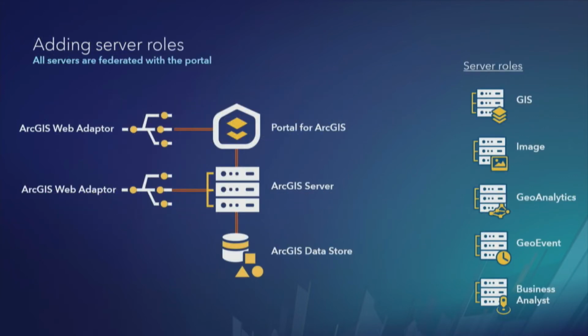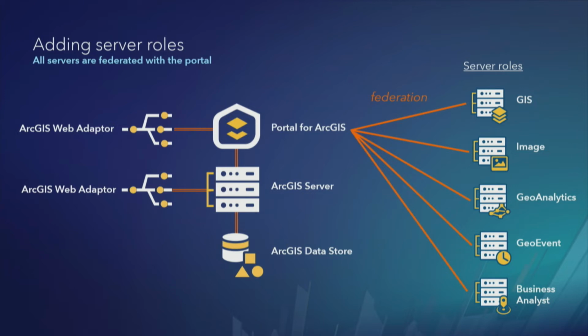Okay, so we talked about the 5 server roles and we talked about the base deployment. But how do you connect all this together? How do you get these things to work together? This is probably the most simplified architecture diagram ever. There you go. Now, it will take a few more steps than that, but they're not that difficult. But the idea that you should keep in mind is that all of these server roles are federated with your portal.